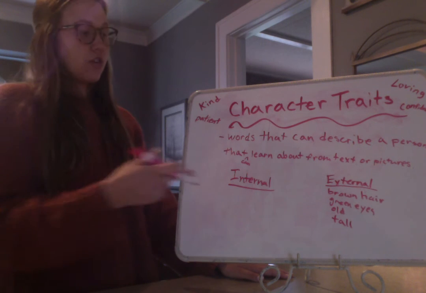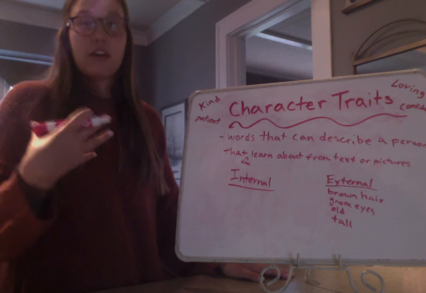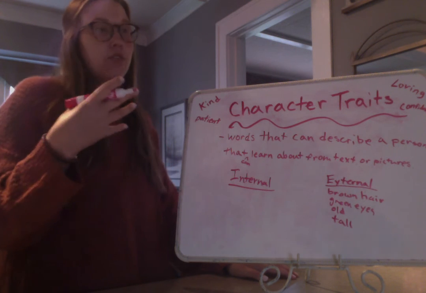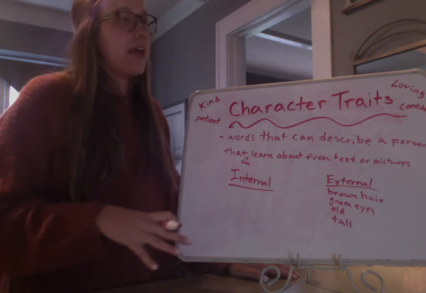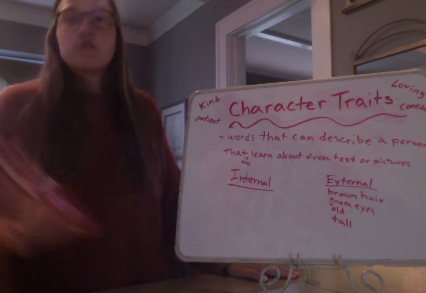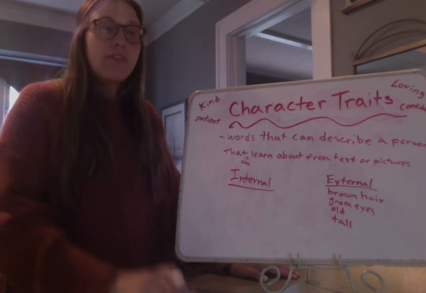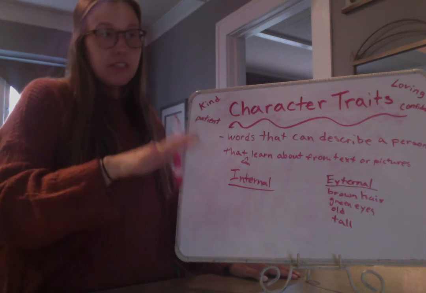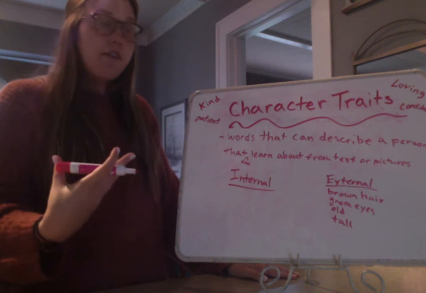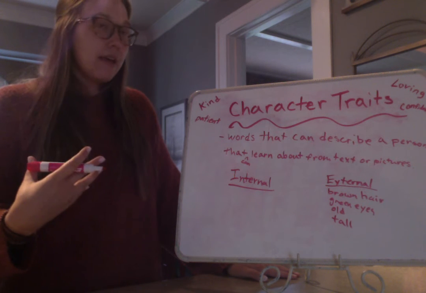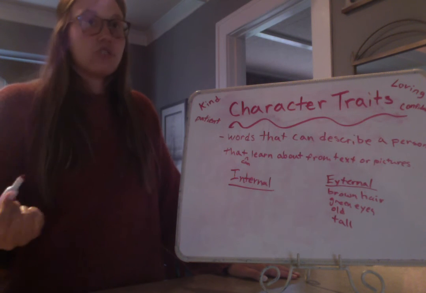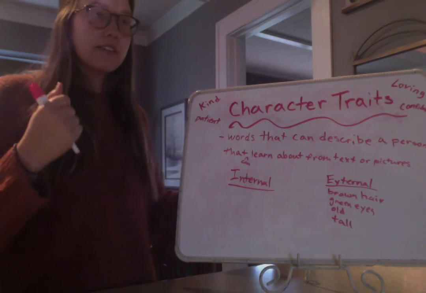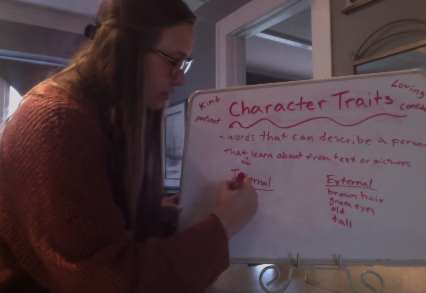So for internal character traits, let's think of an example about Miss G. Say you were reading a story about me, and I go to the lake every summer, and we have this really tall rock that everyone jumps off of. It's really safe. But if I jumped off of that, I'd probably be a little bit adventurous, right? I'm trying new things. I'm not scared of heights, so I can call myself adventurous.